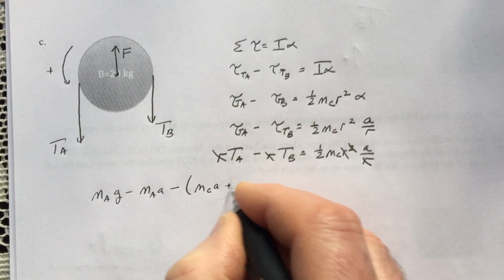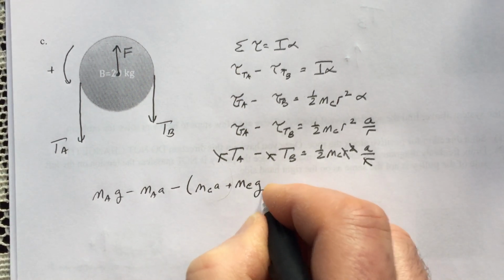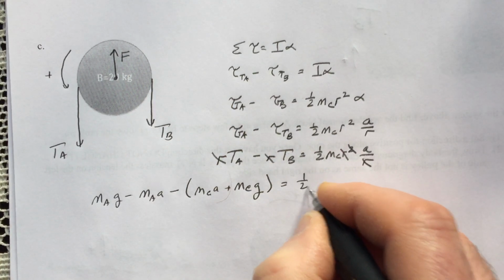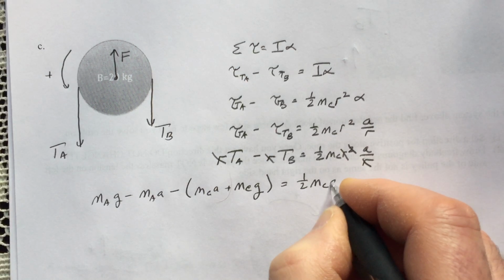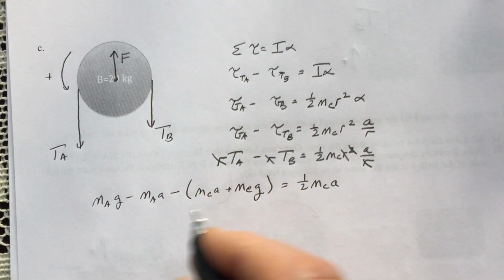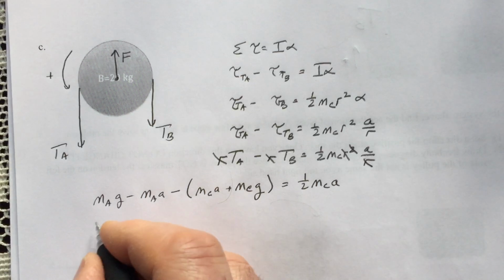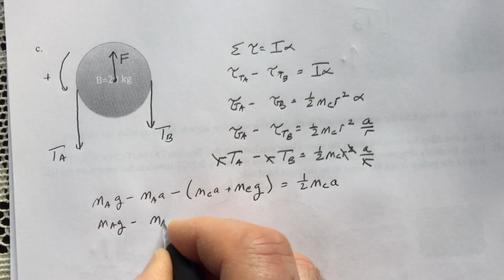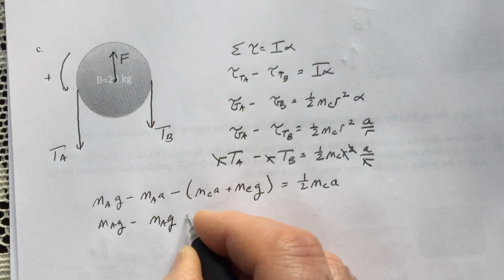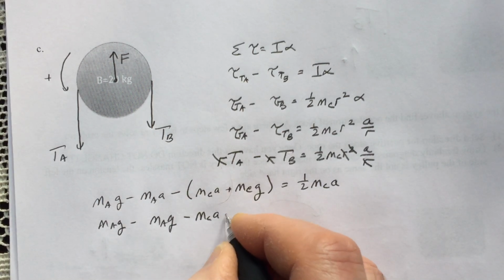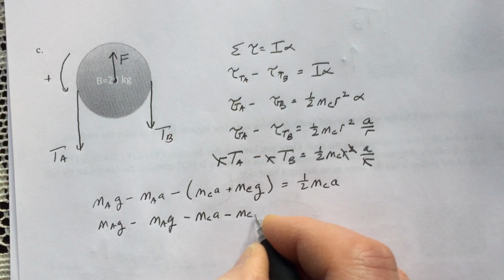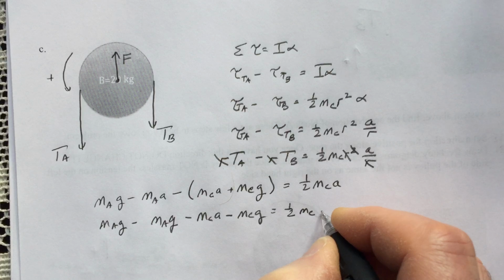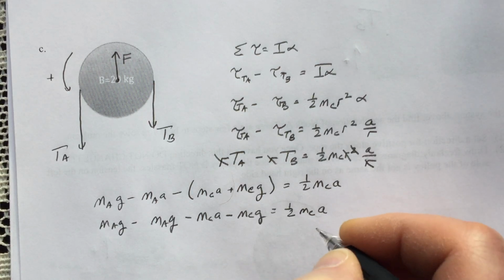M_C A plus M_C G, right from the top of the page, that's tension of B, equals 1/2 M_C times A. Let's deal with those parentheses. M_A G minus M_A A minus M_C A minus M_C G equals 1/2 mass of C times A.